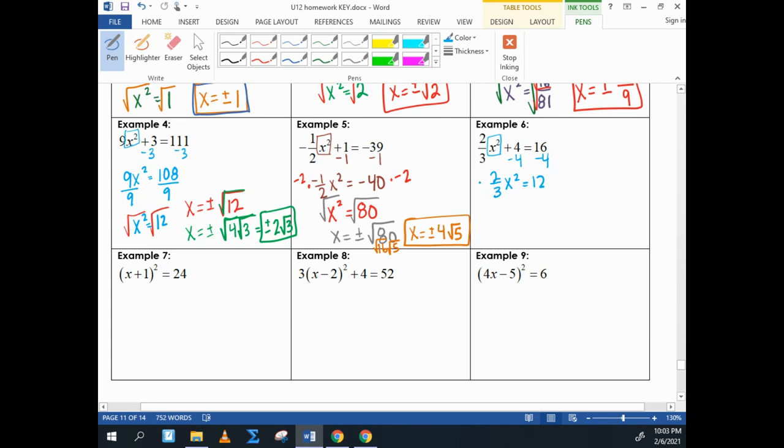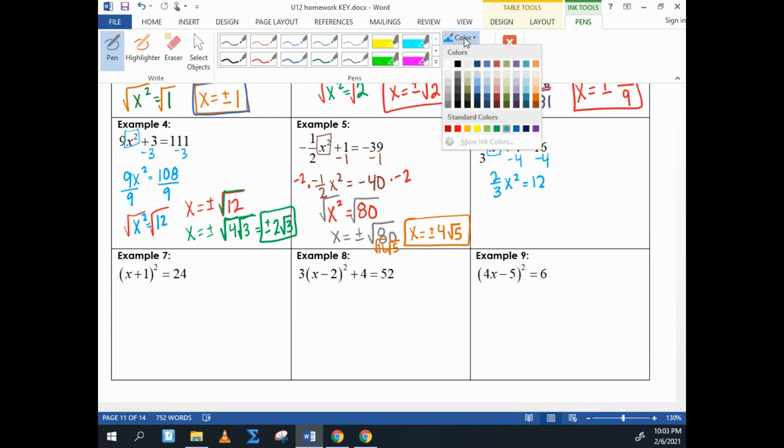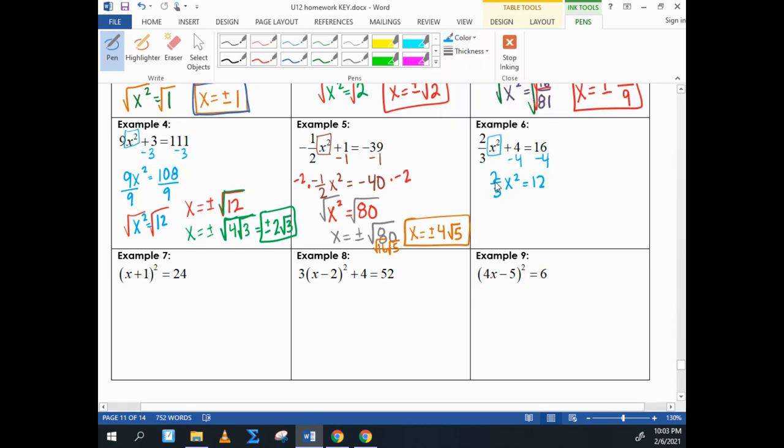You can just multiply by the reciprocal, but if you forget that, please just undo. This 2 is multiplied to x squared, and then everything's divided by this 3. So we can undo it. Let's undo that divide by 3 first. We're going to multiply both sides by 3. So I have 2x squared is equal to 36. Then I can just divide by 2, and x squared is equal to 18.